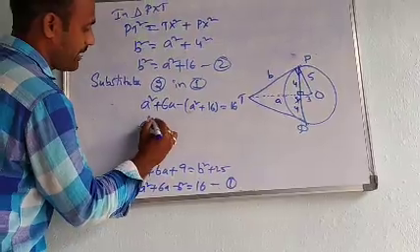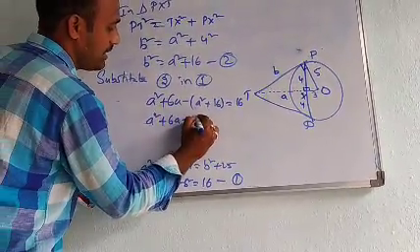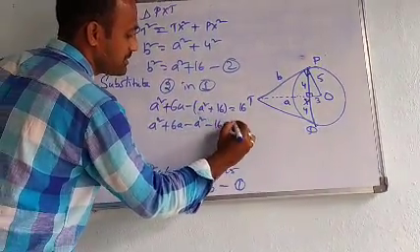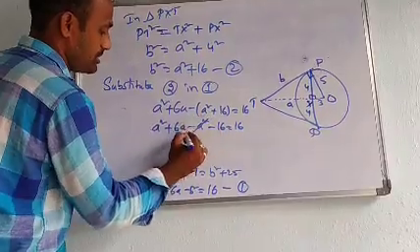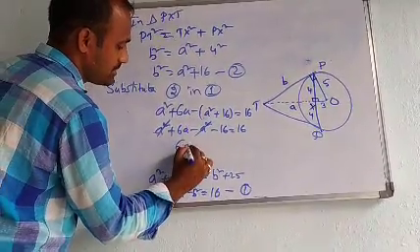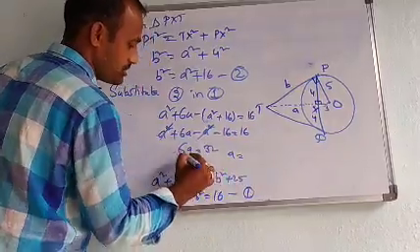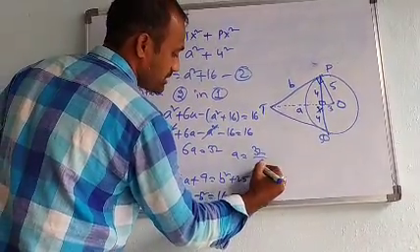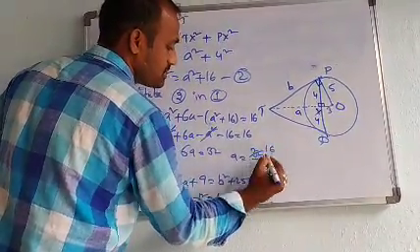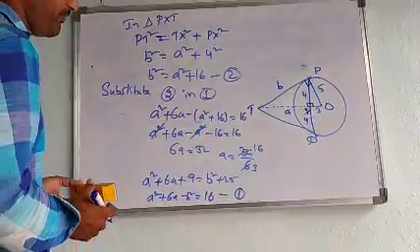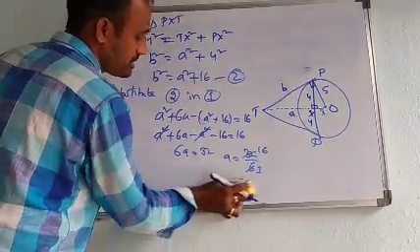So we can open up the bracket: A square plus 6A minus A square minus 16 is equal to 16. So A square gets cancelled. 6A is equal to 32. A is equal to 32 by 6, which is nothing but 16 by 3. A value is 16 by 3.